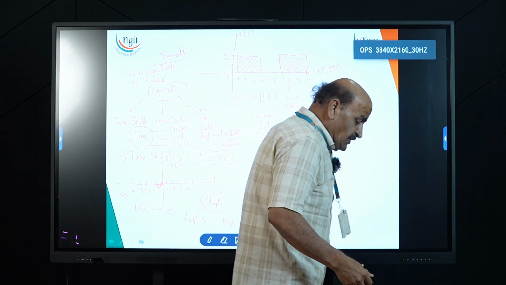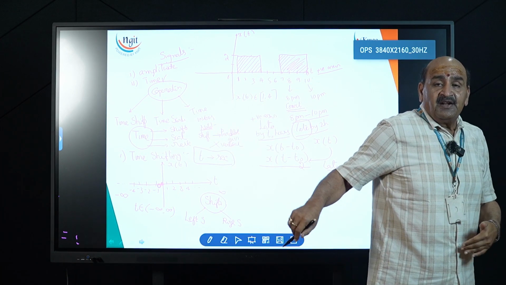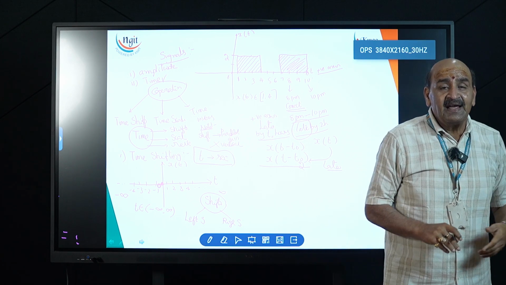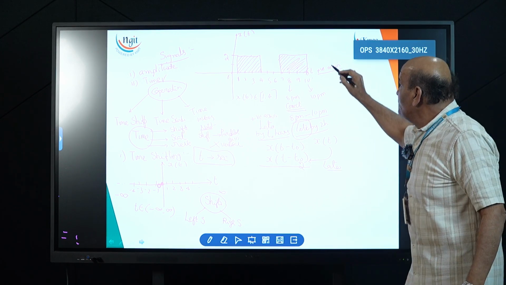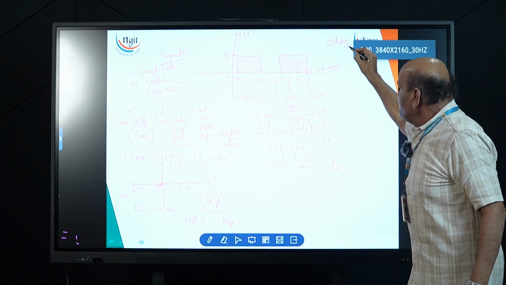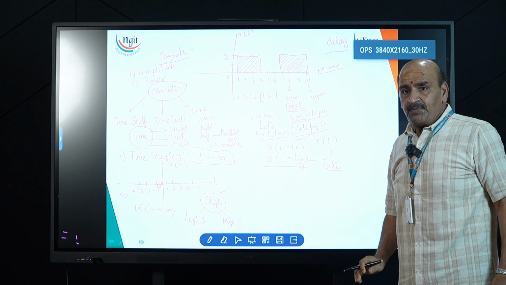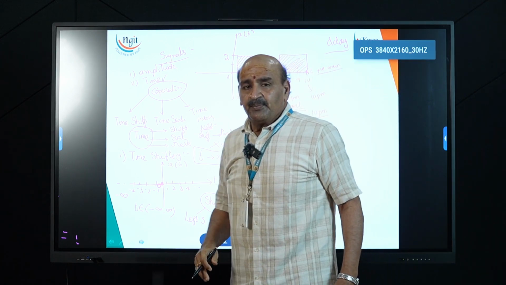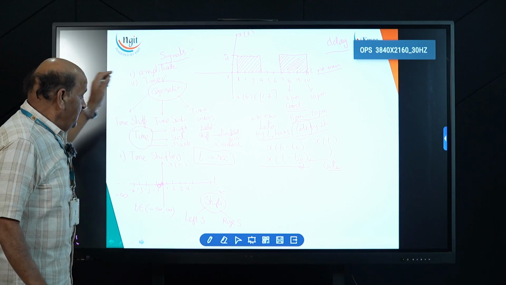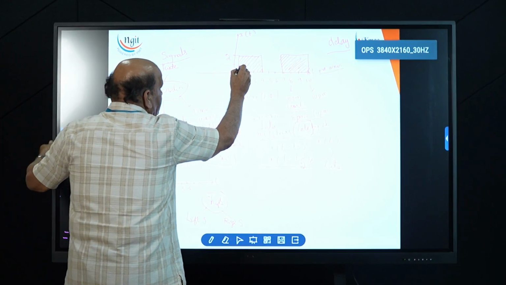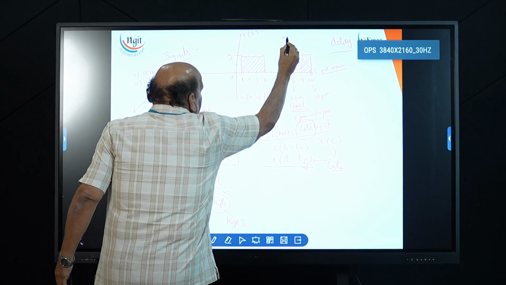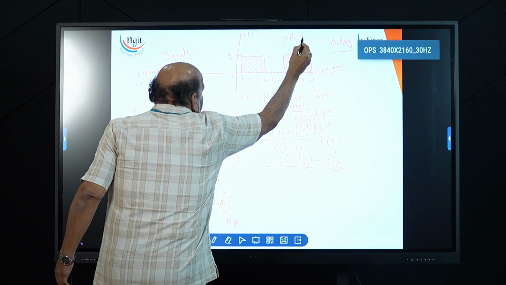What is it called? Right shifting. Right shifting always indicates delay. Now, this is the right shifting. If you take this graph x of t, regarding this we have to make it x of t minus 2.